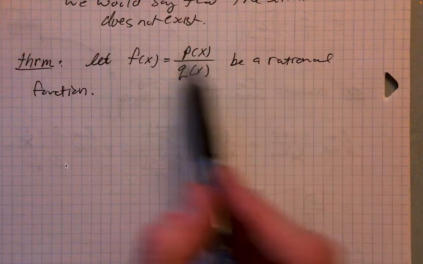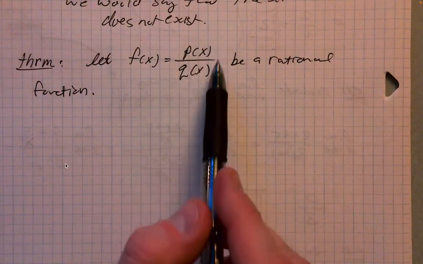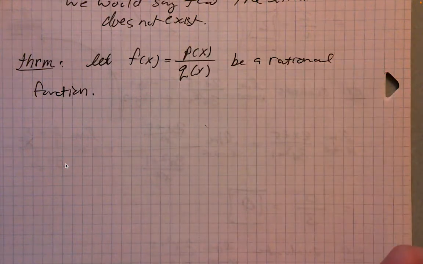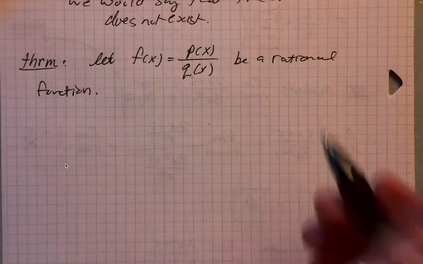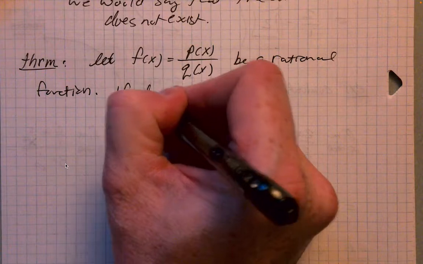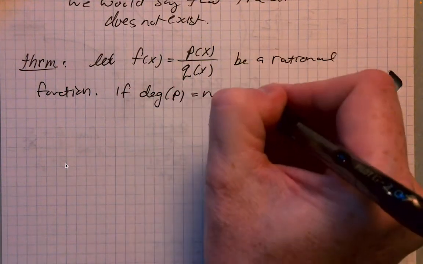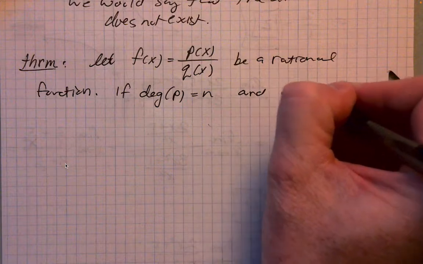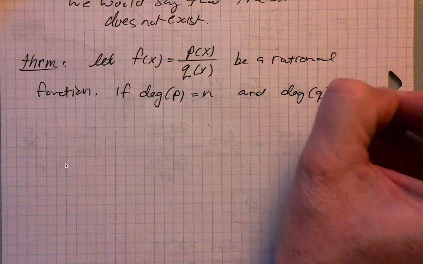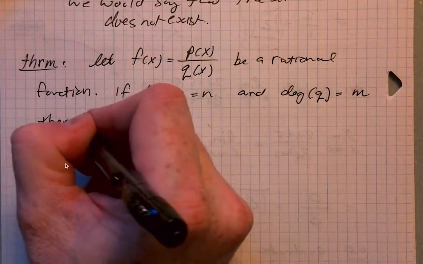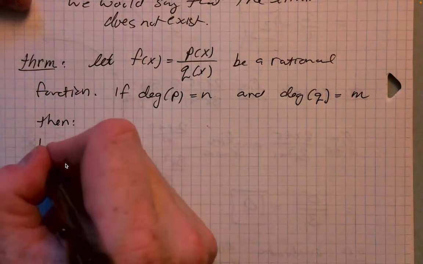And so rational doesn't just mean a ratio of two things, it means a ratio of two polynomials, right? So these are both polynomials. Okay, if the degree of p is equal to n and the degree of q is equal to m, then a couple of things are true.